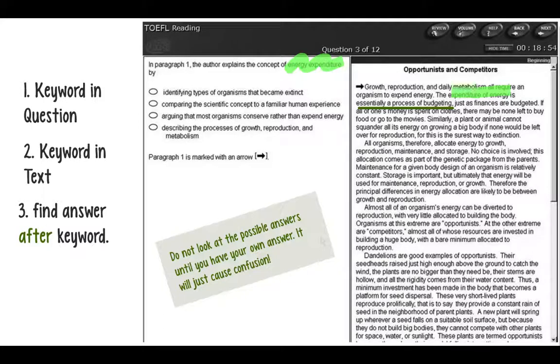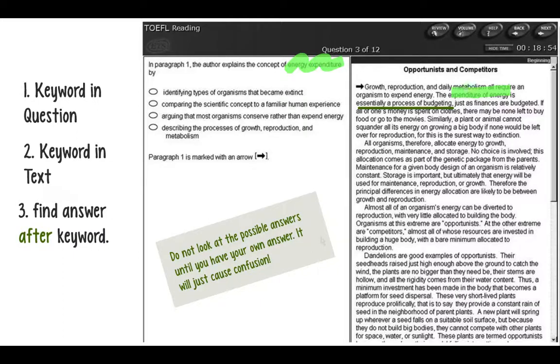Okay, now I'm going to go back and finally take a look at the possible answers. You don't want to look at the possible answers until this point. So first, does the professor identify types of organisms that become extinct? No. Does the professor or the writer compare a scientific concept to a familiar human experience? Maybe budgeting is a familiar human experience, so I'm going to think about that as a possibility.